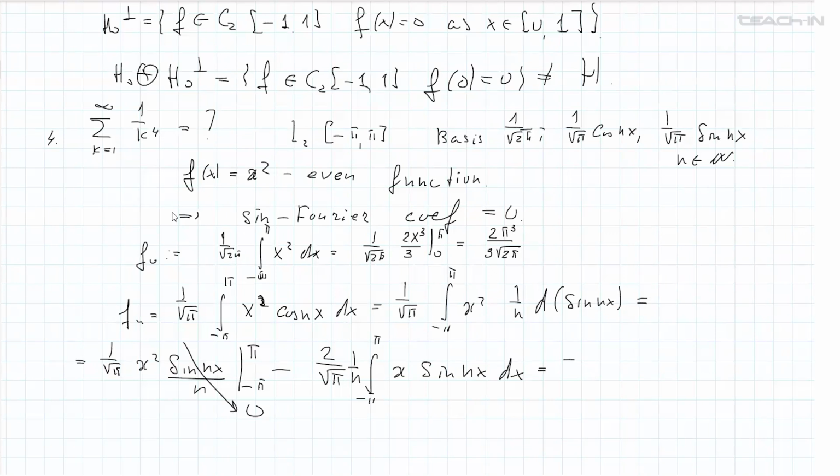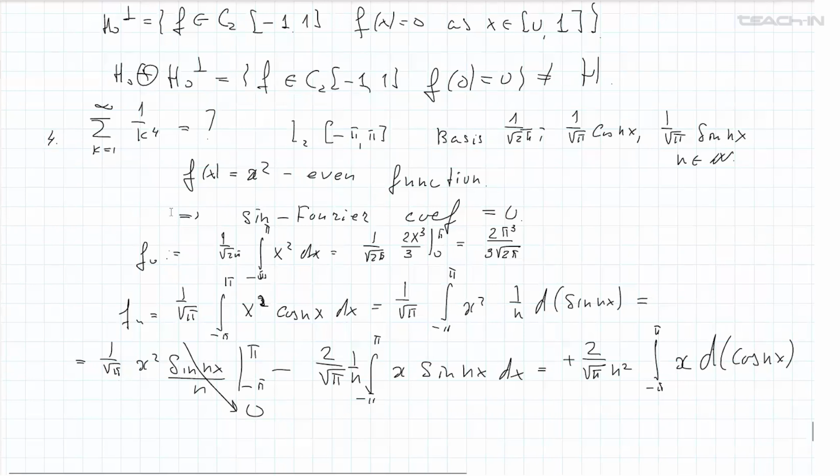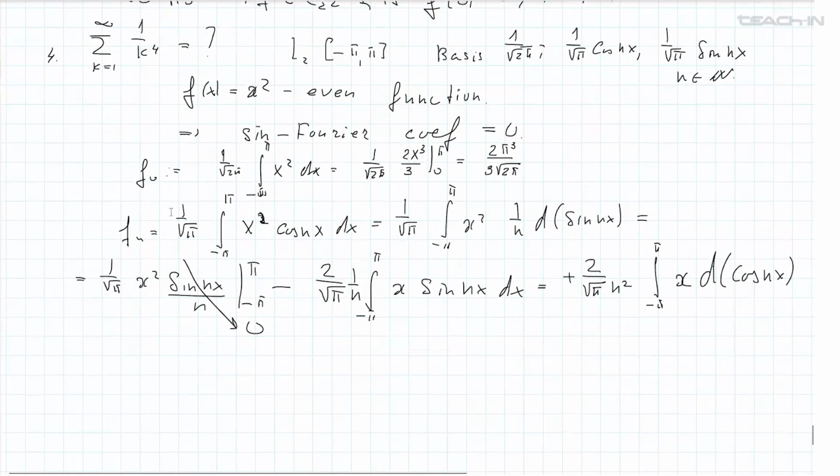Here I rewrite it, x d cosine nx, then I change here the square, and here take plus, because the derivative of cosine is minus sine.